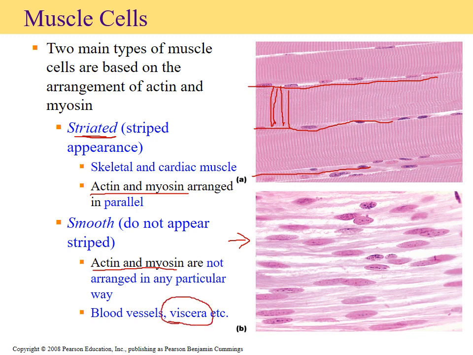Part of your blood vessels will be smooth muscle as well. Your skeletal muscles we usually associate with the skeletal system, so the movement of the arms and the legs, and the facial muscles that allow for facial expressions. And the cardiac muscle is the one that's unique to the heart.